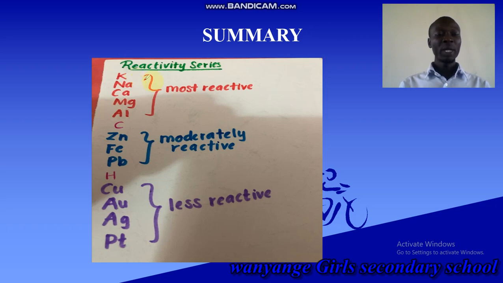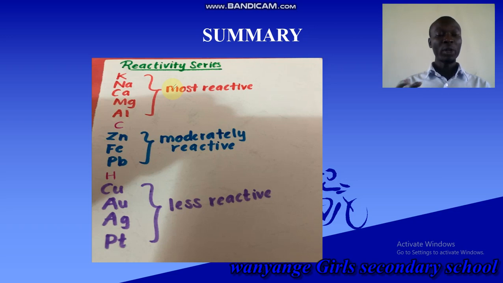So here we are showing that the most reactive of all these metals in the reactivity series, the first one is potassium, followed by sodium, calcium, magnesium, and aluminium. Those are the most reactive compared to carbon. Then the ones that are less reactive than carbon are zinc, iron, and lead.